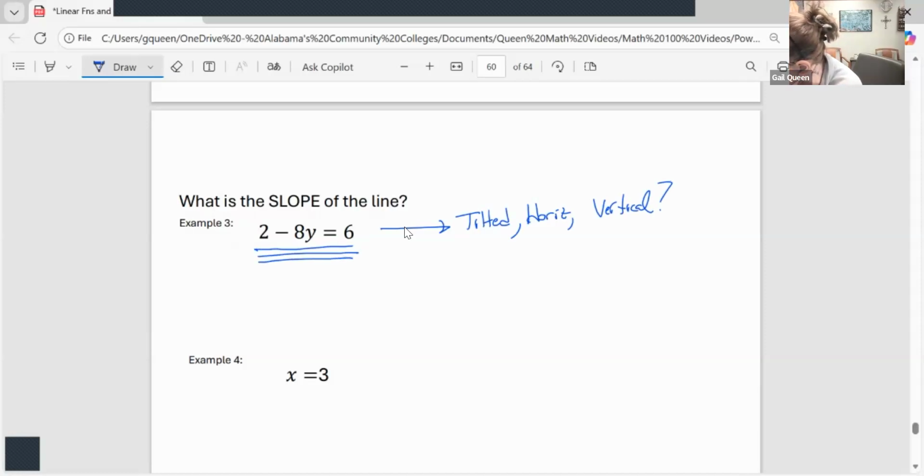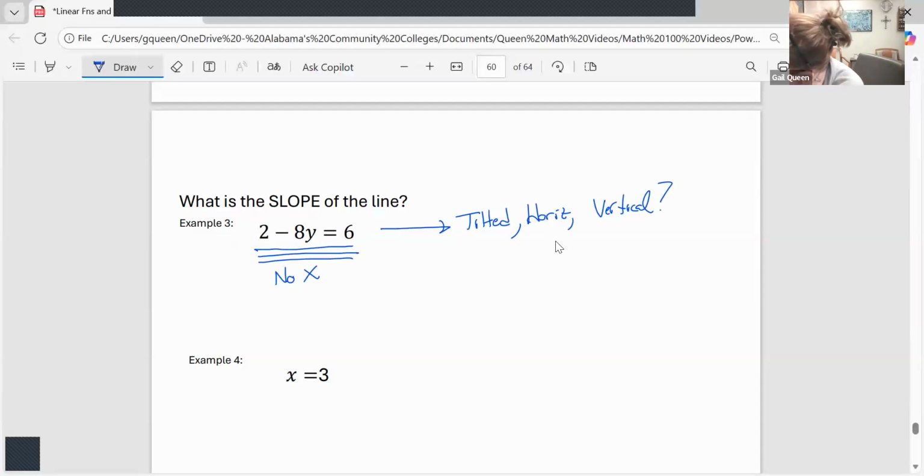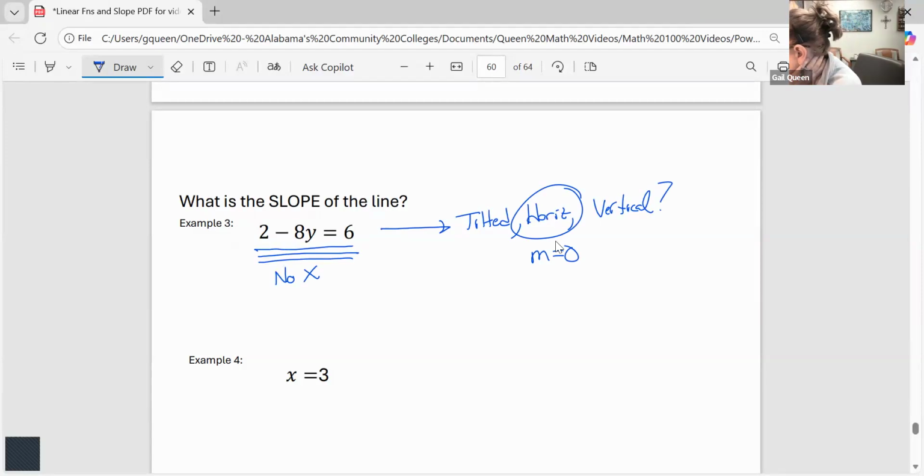Do you see that there is no x? This is y only. This is a horizontal line. I don't have to do one bit of work here, y'all. What's the slope of a horizontal line? 0. Every horizontal line has a slope of 0. So if you can recognize that it's horizontal, you don't have to do any work.